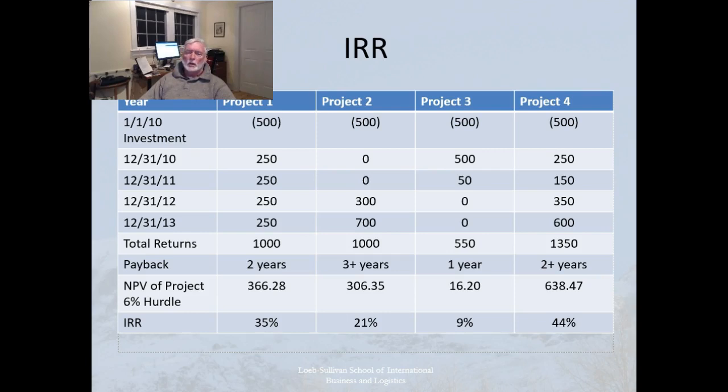Project 1 is going to return 35%, Project 2, 21%, Project 3, 9%, Project 4, 44% annual return over 4 years. So that's pretty good. That's a pretty nice return. So that once again, this is going to give us the same answer as NPV, but in different terms.